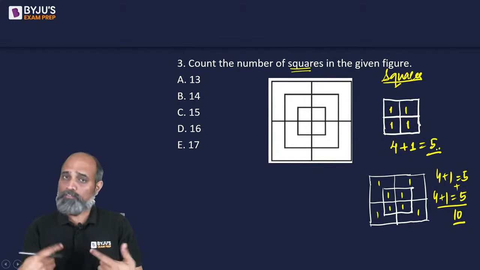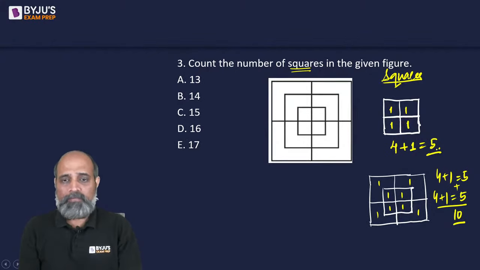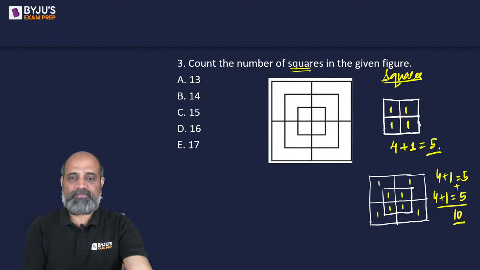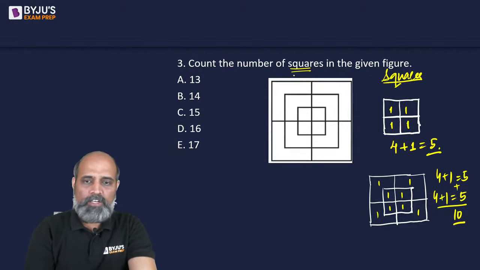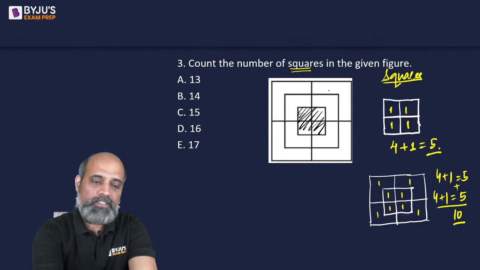इसी logic को if you follow through, if you have more concentric squares, then what will this figure eventually lead to? Aditi, C हो जाएगा, right? Because you are going to get 4 plus 1, 5 squares here.